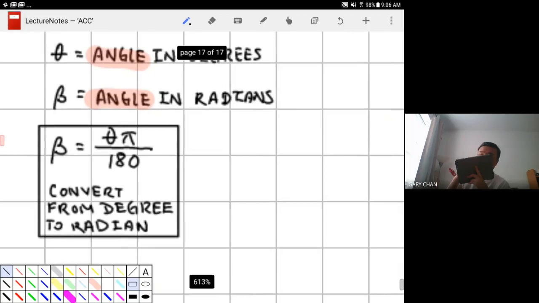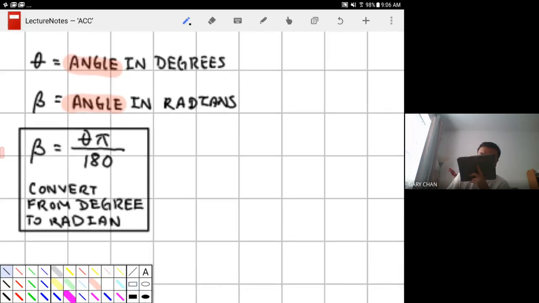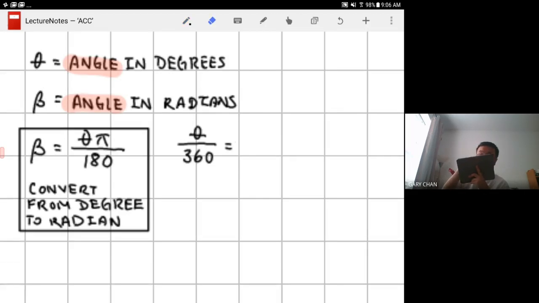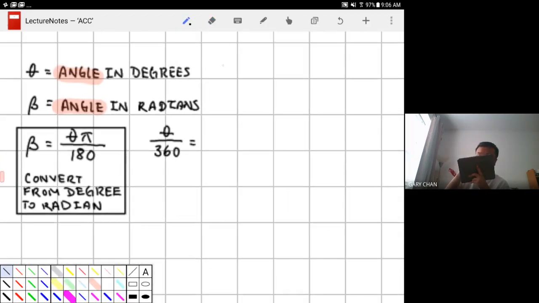And then there was also this concept of figuring out arc length, right? So we started off this whole idea of figuring out what arc length was by doing a proportion, right? Theta over 360 is equal to arc length. Actually, I'm going to use the letter S because Khan Academy here uses the letter S. So S is equal to arc length.